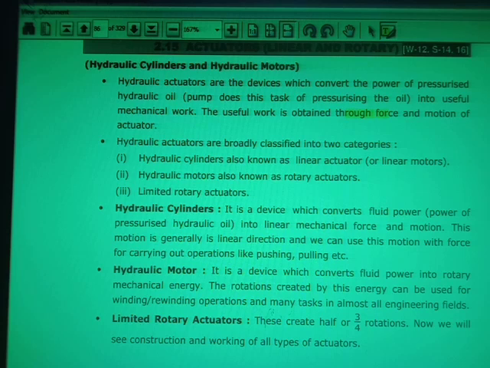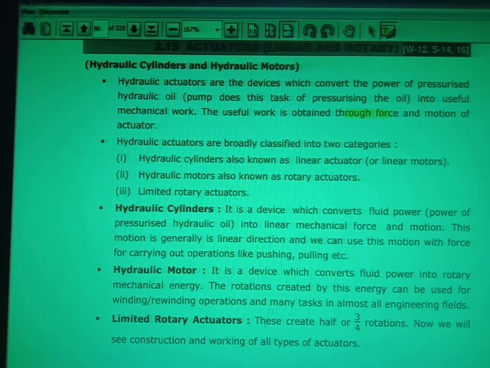In this actuator we get rotary motion, but that motion is limited up to a certain angle. One complete revolution is not taking place. The actuator moves through some angle, like 45, 60, 70 or 75 degrees. Only that much motion will take place, and therefore it is known as the limited rotary actuator. So basically there are three types.